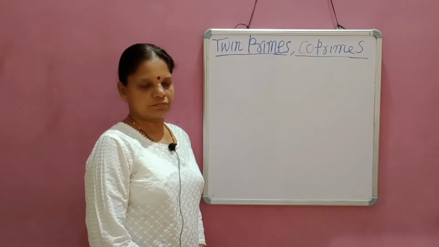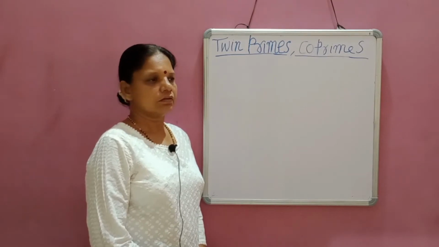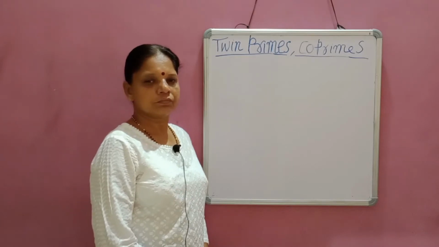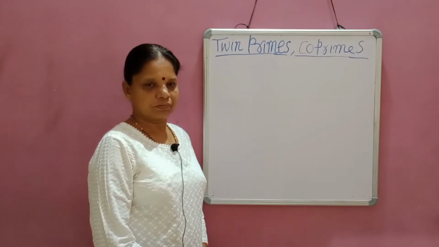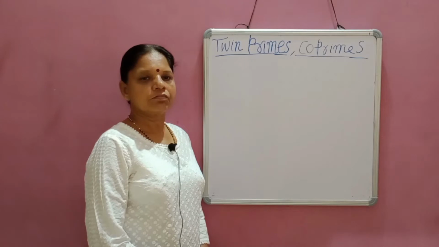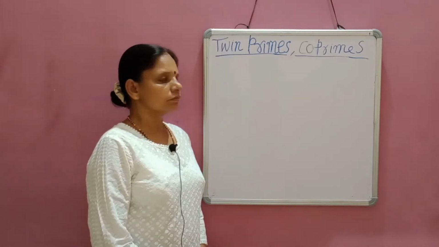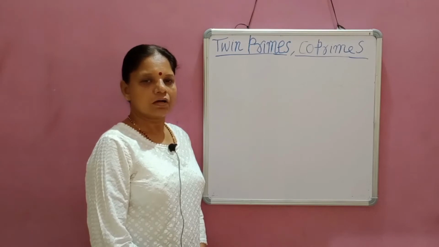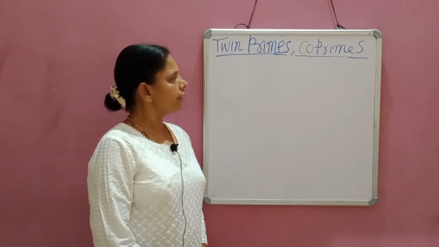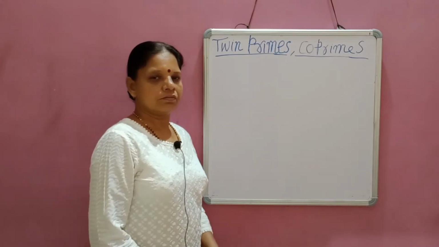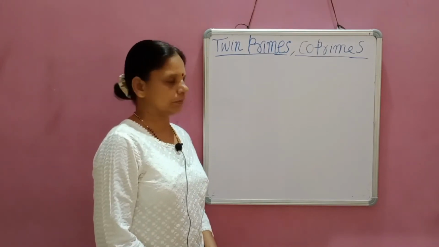See what it is. We'll consider the prime numbers up to 100 only. You know there are infinite prime numbers. We'll consider up to 100 only. Consider the pairs of prime numbers.